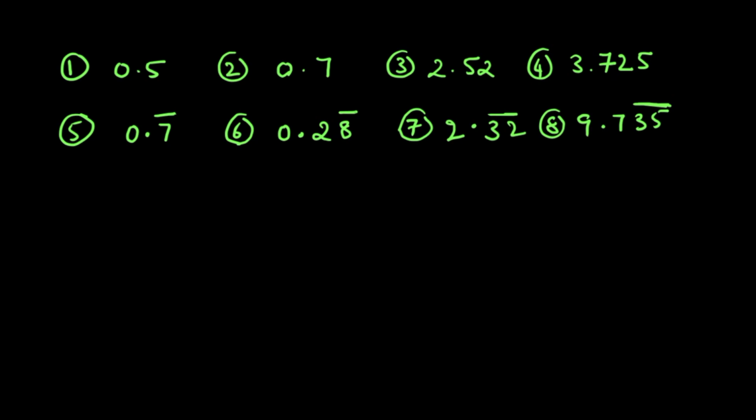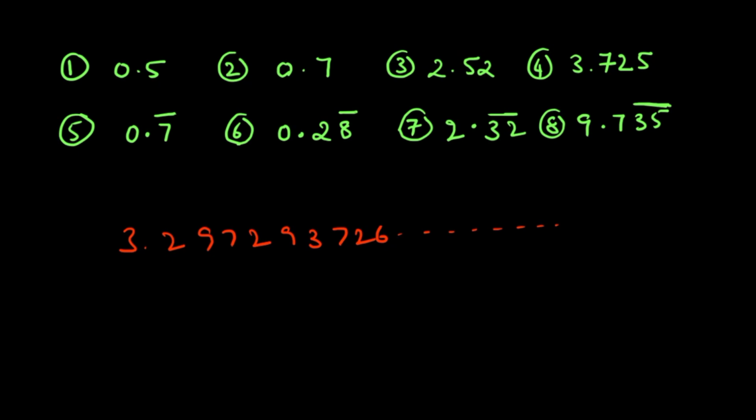Now suppose the number is 3.297213726 and so on. Can you tell me what the periodicity is here? No, it is not possible, because there is no repeating continuation here. So you can't say what the periodicity is, and this number we can't write in p by q form.